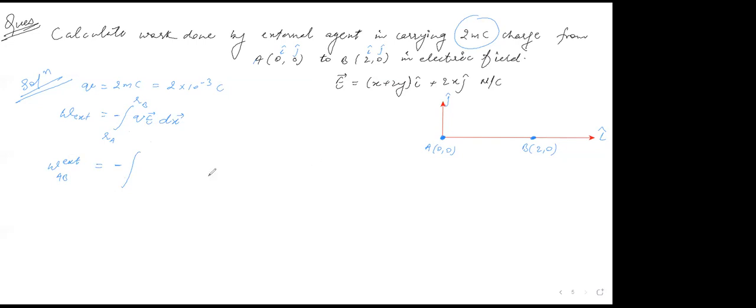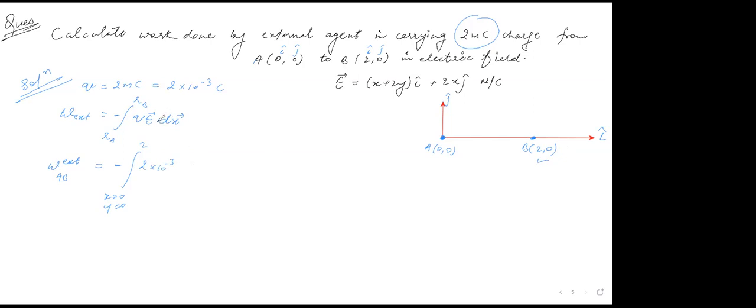For A, x is 0 as well as y is 0, and the upper limit, which is your R_B, is only and only 2, because the other quantity is again 0. Your value of Q is 2 into 10 raised to the power minus 3.